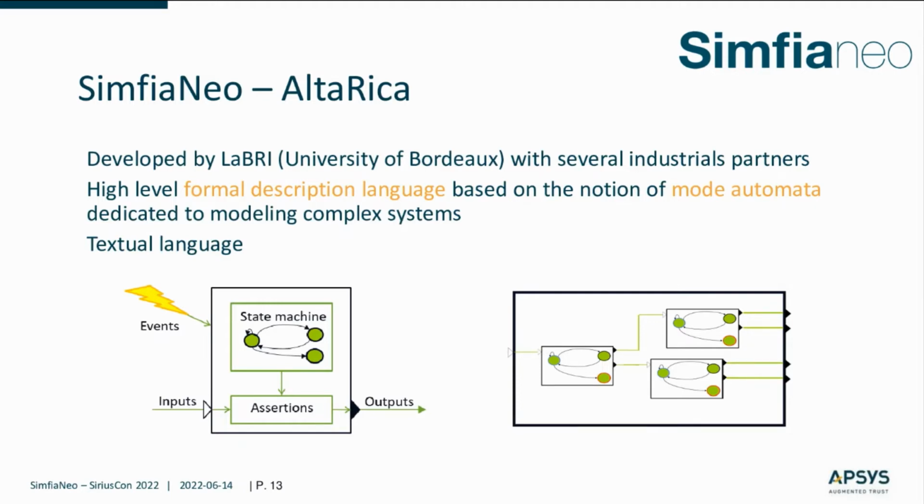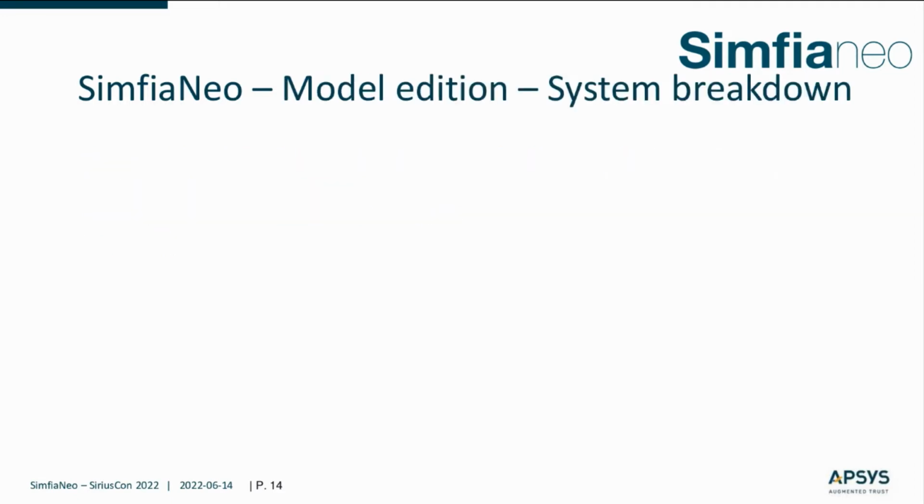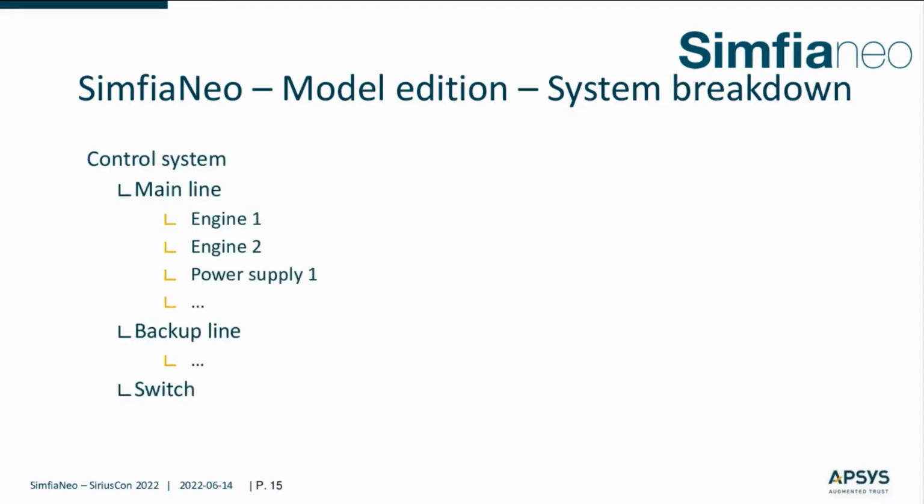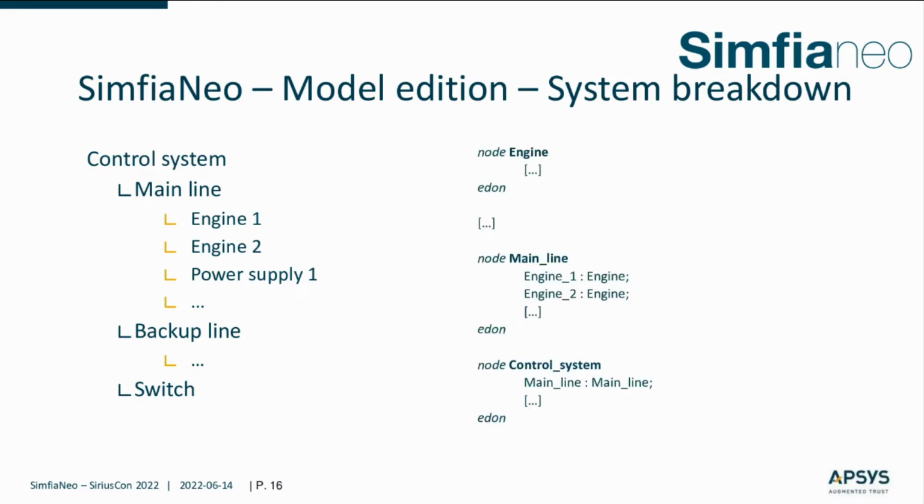AltaRica, however, is a textual language, which is not always user-friendly for safety engineers, dependability engineers. When we want to describe a system, usually it is a system, subsystems, sub-subsystems, down to the basic equipment. So it has a tree structure, and with the AltaRica language, you find this notion of tree structure on the right part with some AltaRica keywords, but this is code, and end users sometimes do not want to see code.